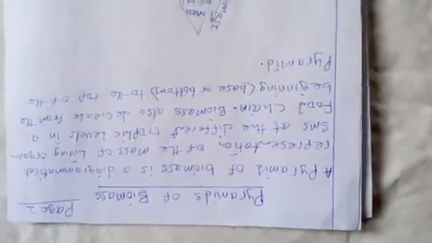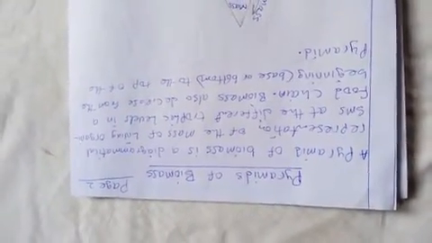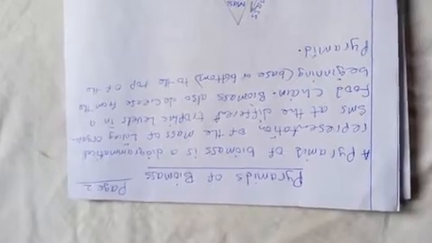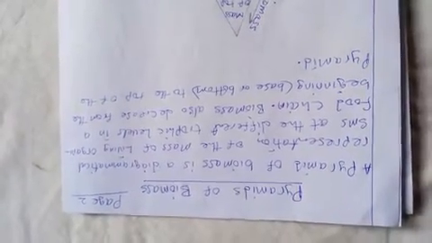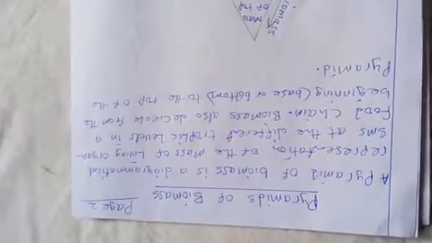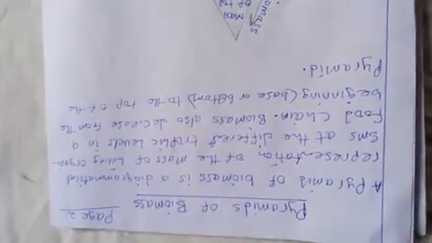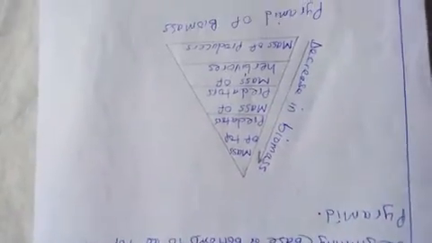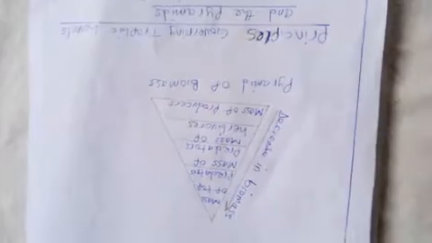A pyramid of biomass is a diagrammatic representation of the mass of living organisms at the different trophic levels in a food chain. The biomass also decreases from the beginning, that's from the base or bottom, to the top of the pyramid. So the mass of the organisms at each trophic level is what is represented in a pyramid of biomass.